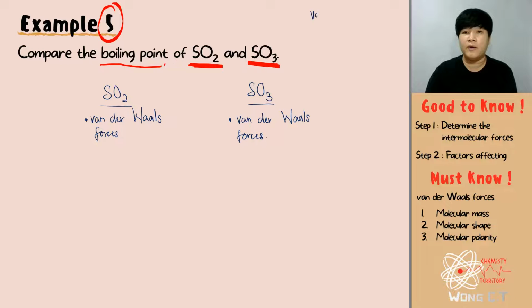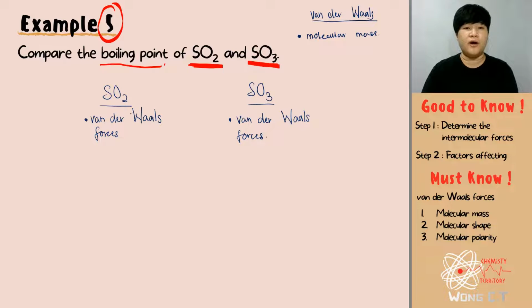Talking about van der Waals forces, we know that we have 3 factors affecting van der Waals forces. The first factor is definitely molecular mass. Looking at your SO2 and SO3, without calculating the molar mass, you already know that your SO3 will have a higher molar mass. Why?